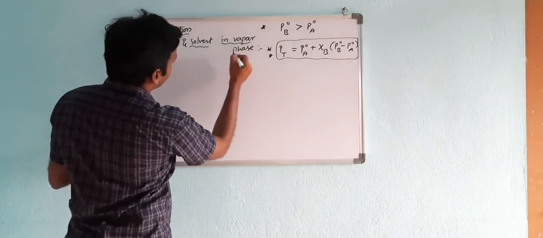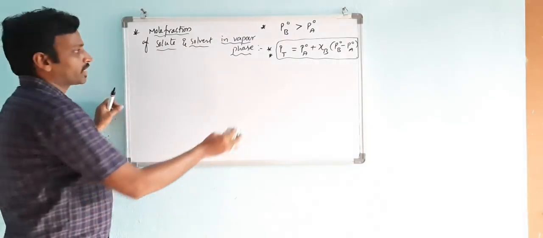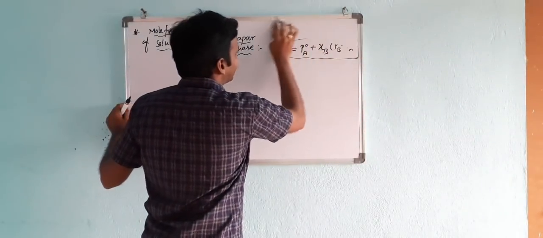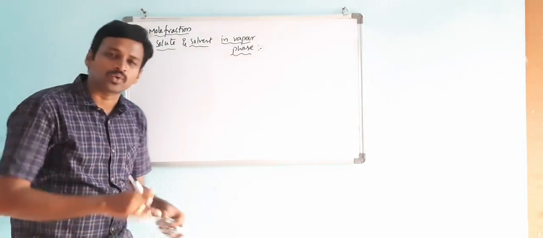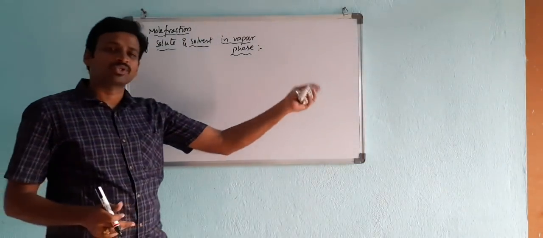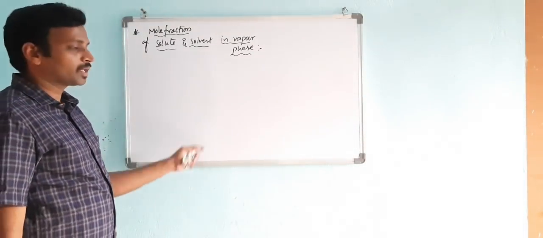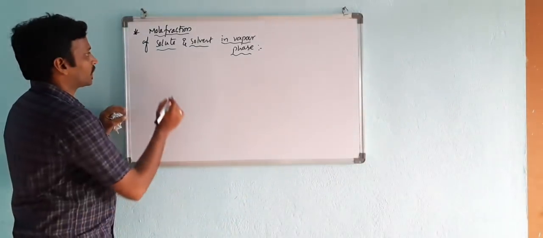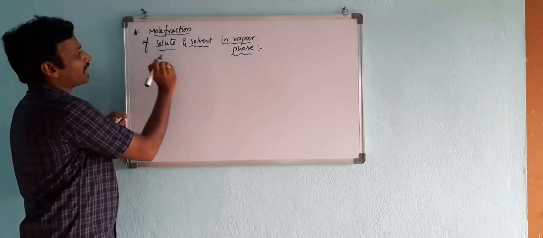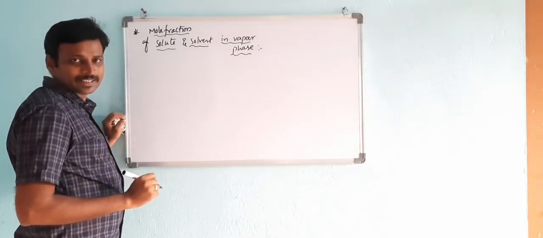For the mole fraction in liquid, you can take it directly as before: PA is equal to PA naught into xi A, PB is equal to PB naught into xi B. So P total is PA naught into xi A plus PB naught into xi B. But I am asking for the mole fraction of solute and solvent in the vapor phase.